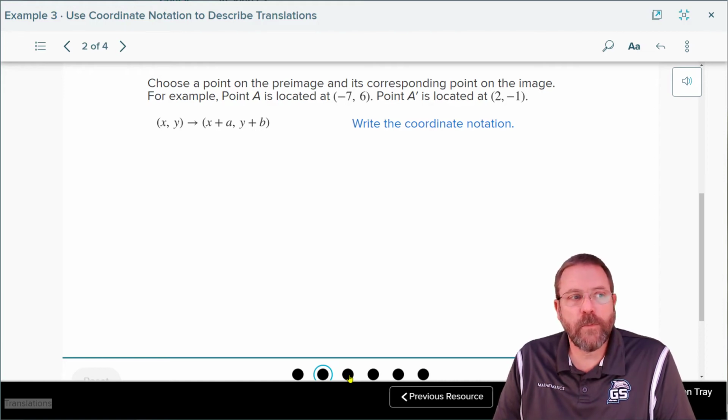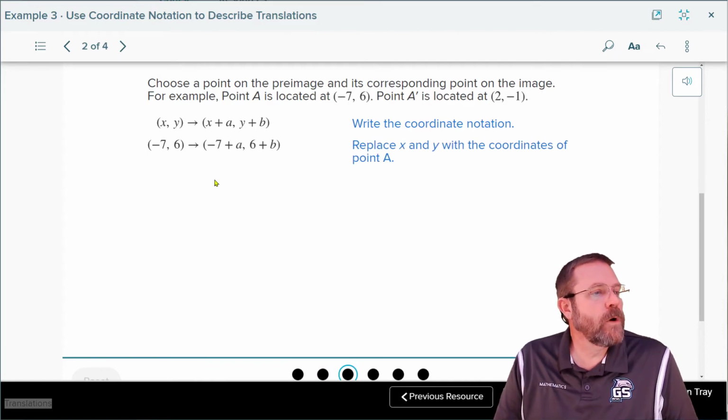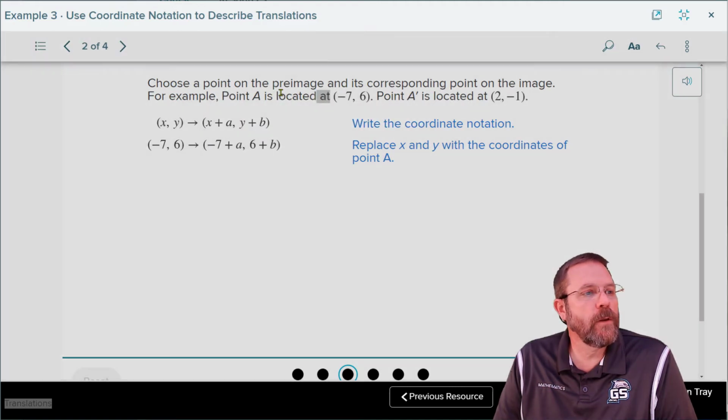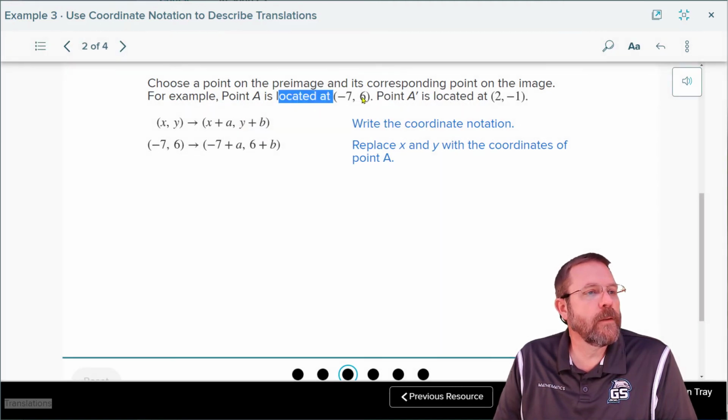That's the same formula we've been using. And now what do we know? We know that they started at point A, right? X is negative 7, and we know that the y was going to be at 6. And we're getting all that information right up here where it says point A's positions.